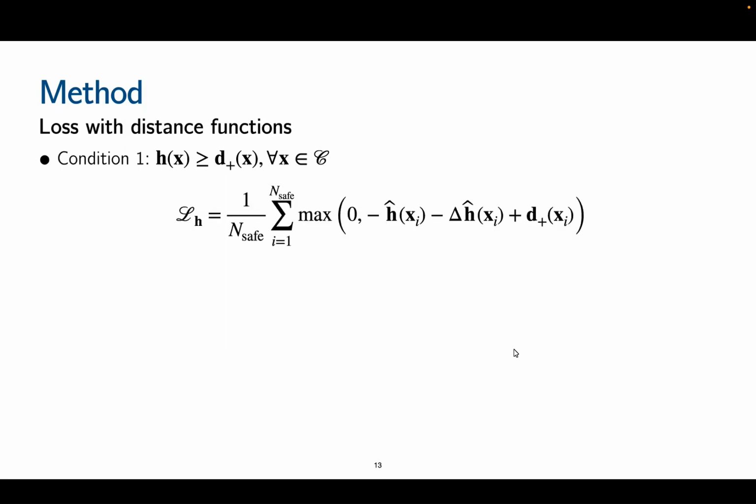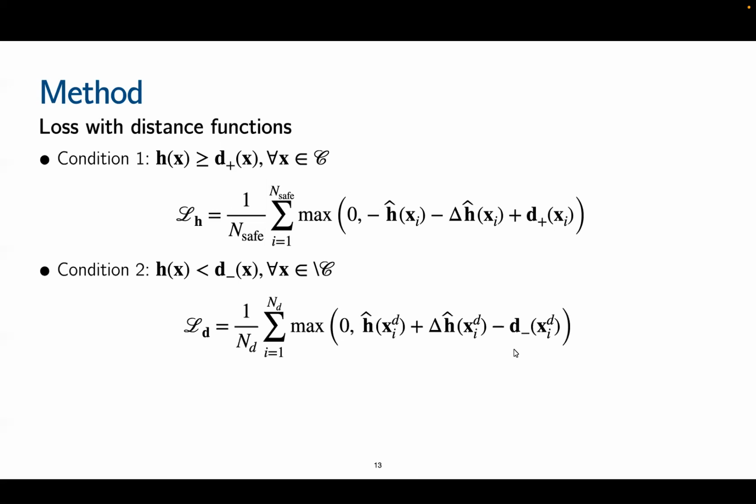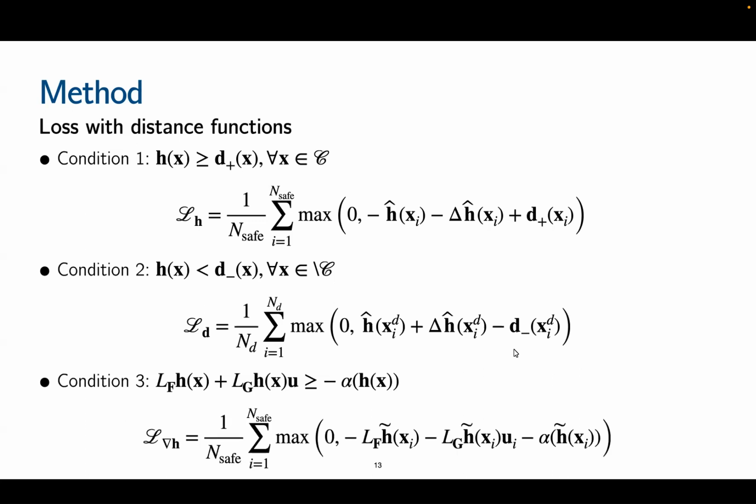And the first condition simply becomes hx greater than or equal to d plus x. If we put d plus x inside the loss function, we have the new loss function LH. And we can do something similar for the unsafe loss, while we keep the CBF constraint loss the same.